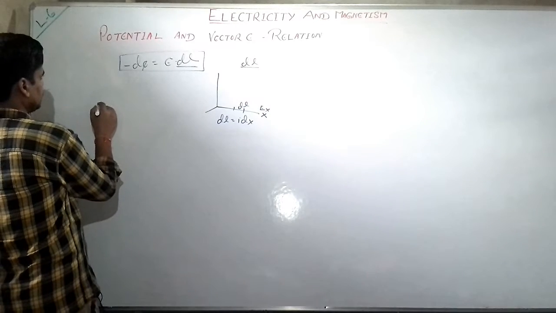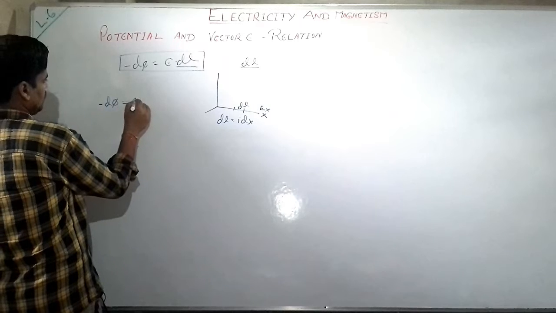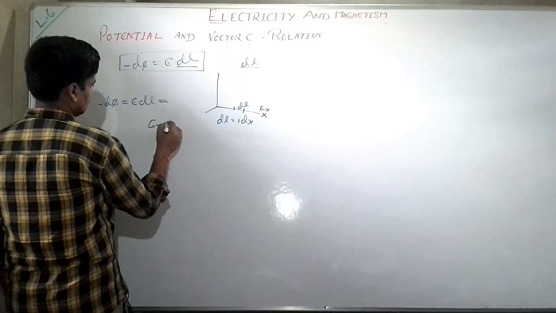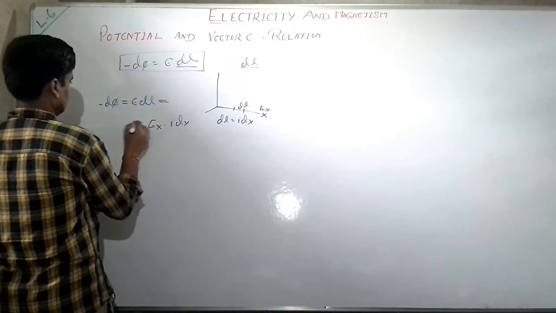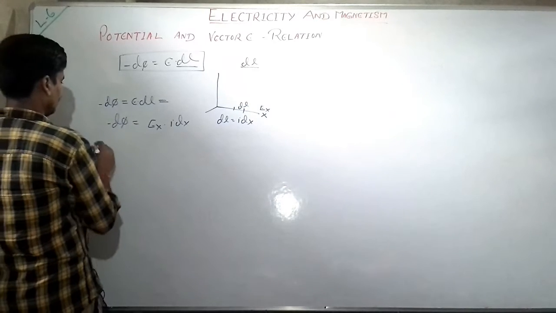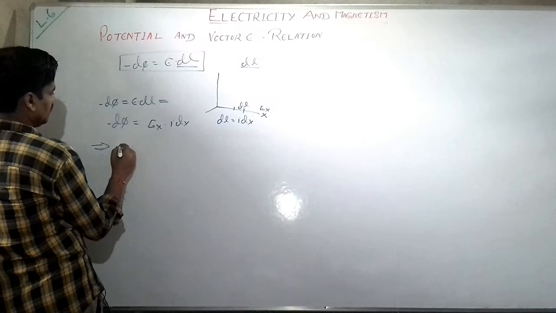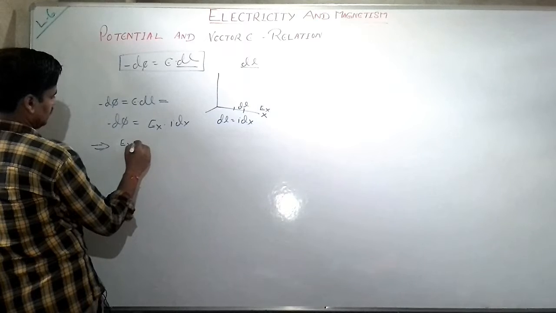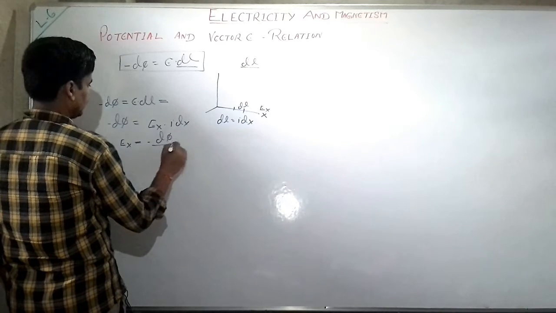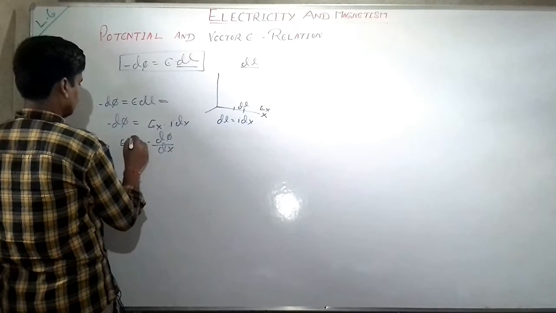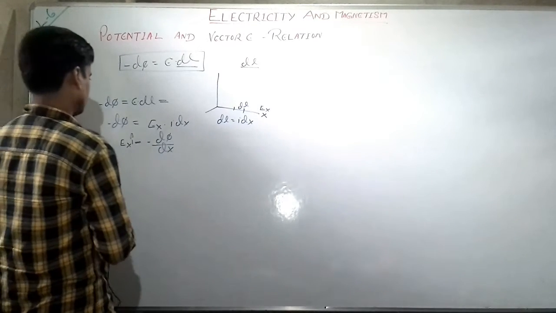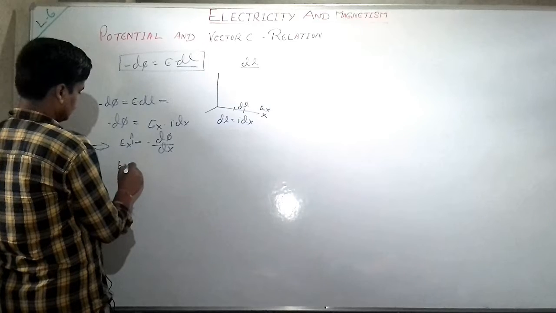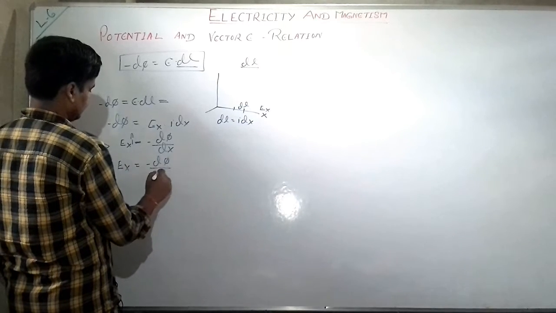So we can write minus d phi equal to E dot dl equal to Ex i dot i dx, so Ex equal to minus d phi by dx.